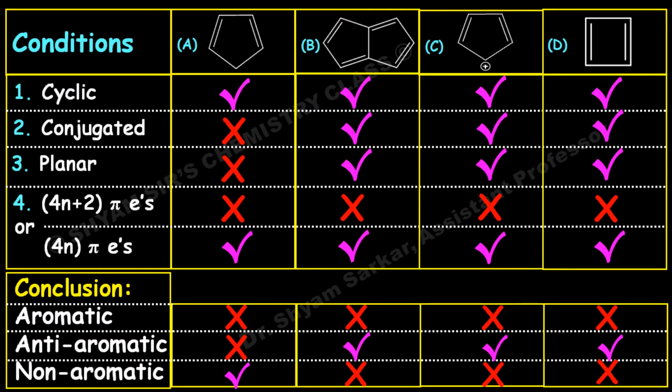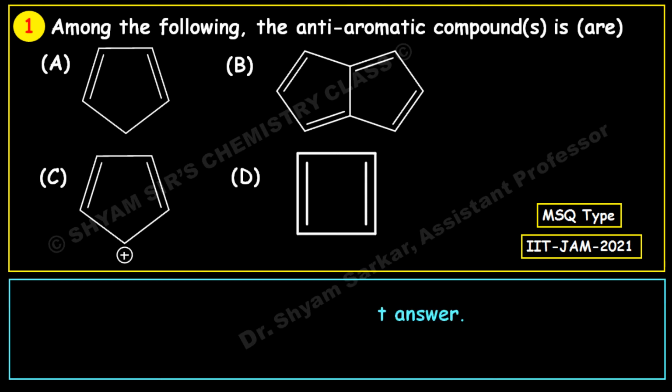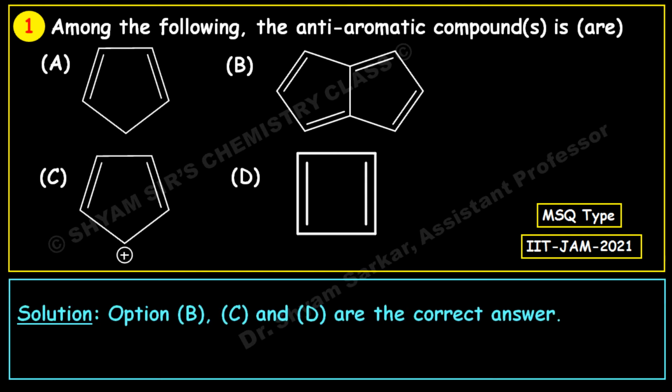So let's go back to the question. Among the following, the anti-aromatic compounds are B, C, D. So B, C, D are the correct answers.